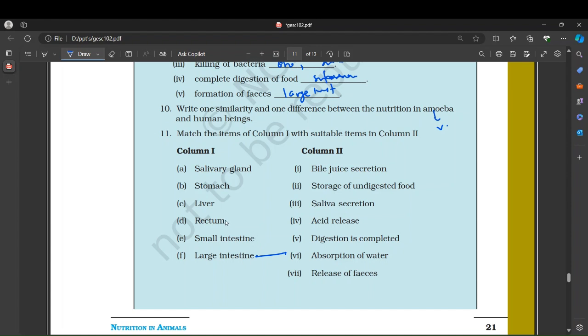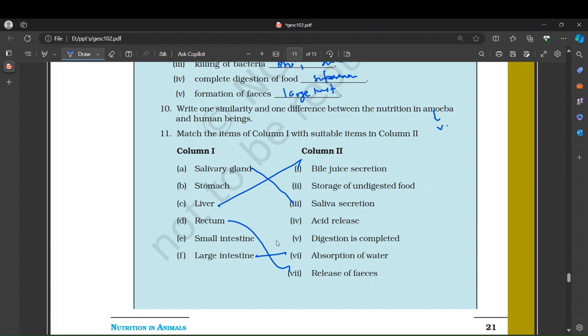First of all, we will see about the liver. We'll find the correct option. Salivary gland, saliva secretion. Then rectum, release of feces. What is remaining? Stomach and small intestine, and storage of undigested food.